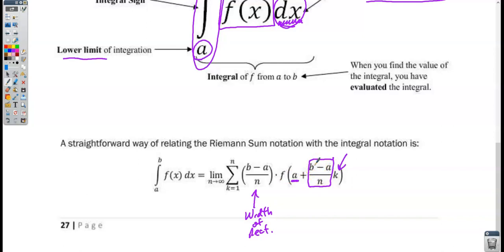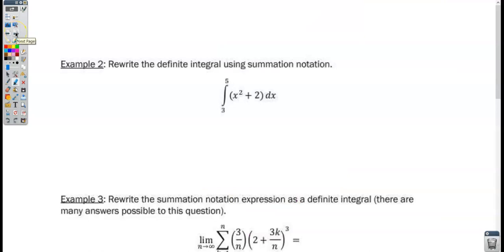This is a very, very helpful way to think about this. If you can utilize this as your method for writing and interpreting these Riemann sums and the summations related to them, you'll be in pretty good shape. All right, let's start working our way through a few examples.